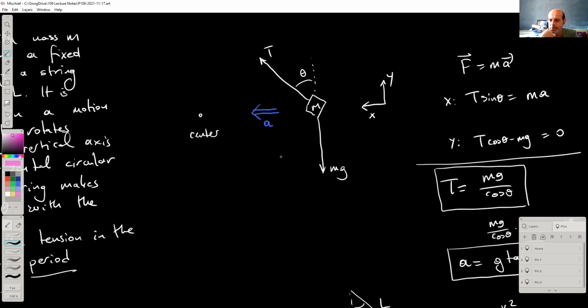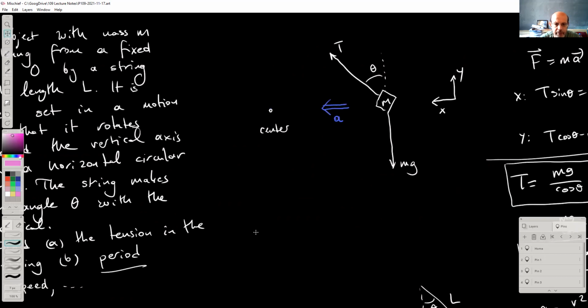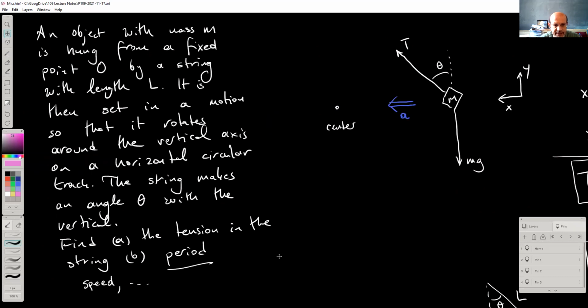But I don't know if you would realize this. It's not the same question, it's not the same physics. We don't have any strings in there, but the free body diagram is the same and the conclusions are the same. But the setup is a little bit different.